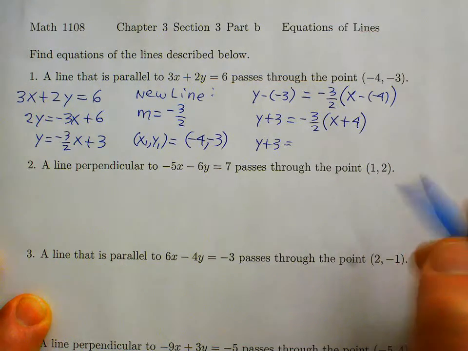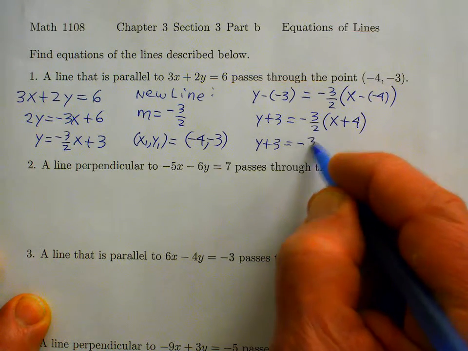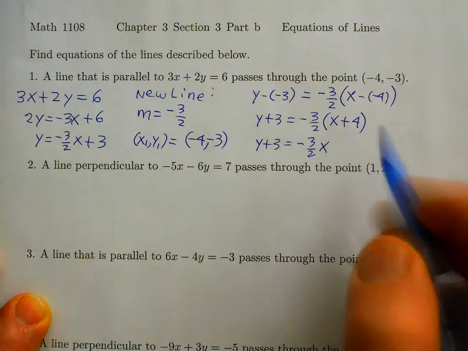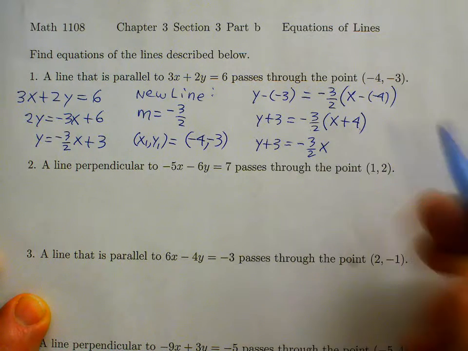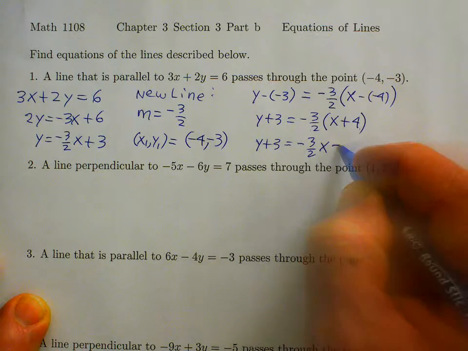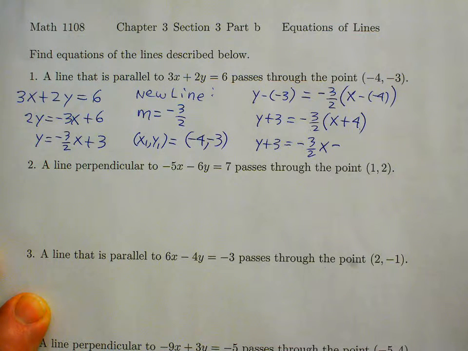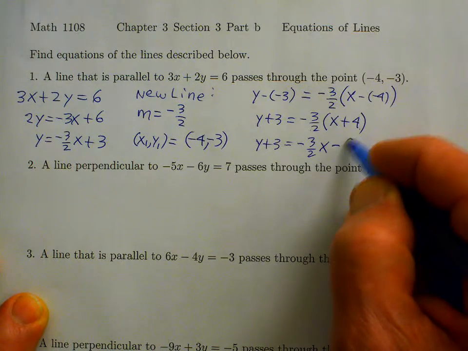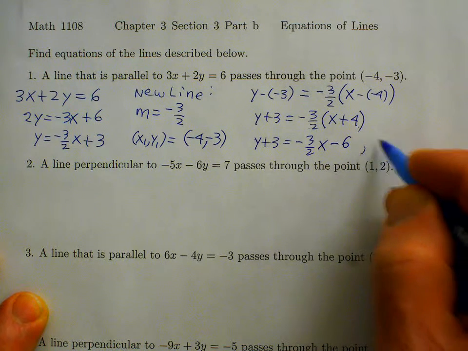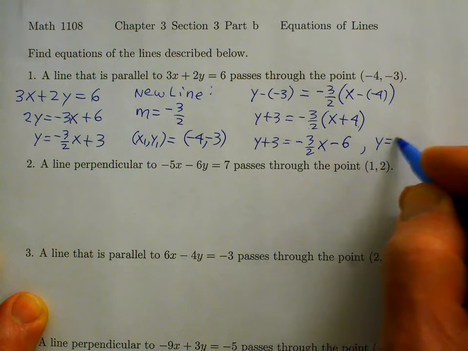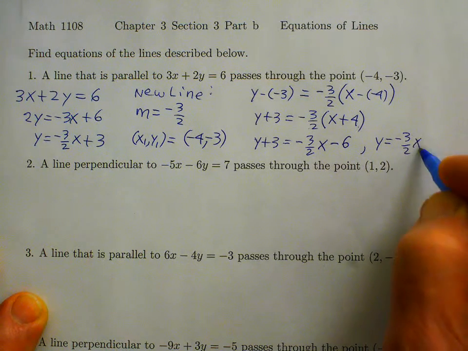And so on the right-hand side, we'll get -3/2 times x. And we're going to add a negative number times a positive number. So we're going to subtract 3/2 times 4, which simplifies to 6. And then we can subtract 3 from both sides to get y equals -3/2 x minus 9.